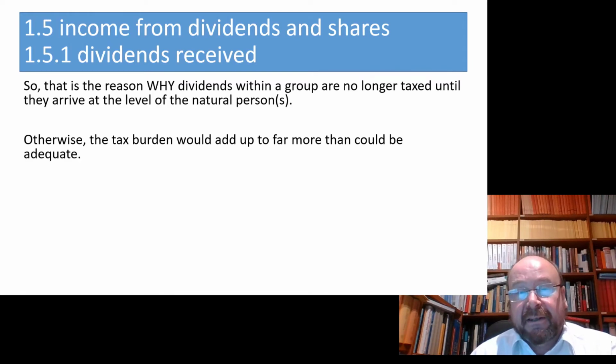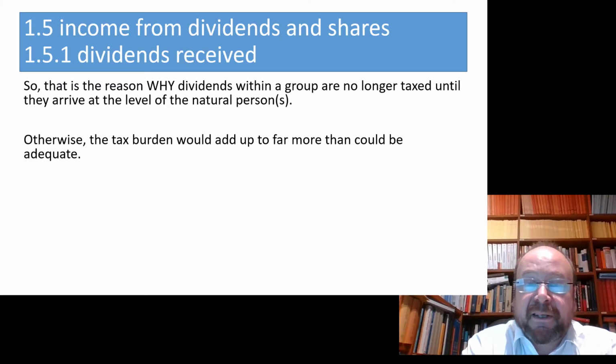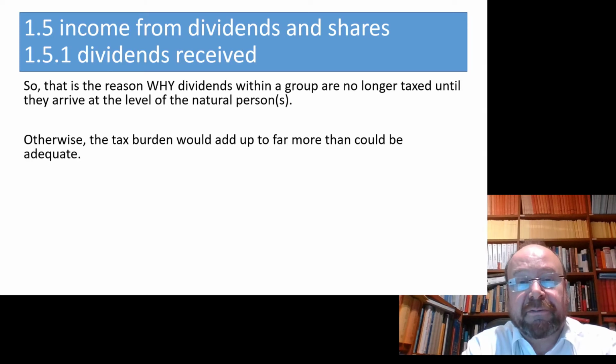So one can show that generosity without losing money, because if you don't give that tax privilege, in quotation marks, because it's not a privilege, it's a decision which follows from the logic of the system.